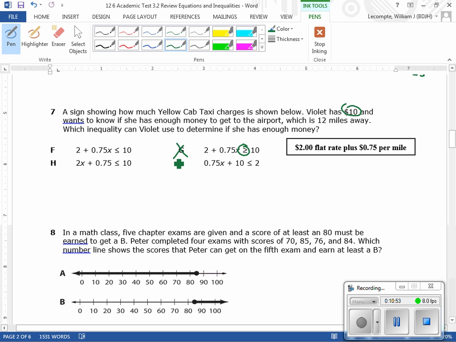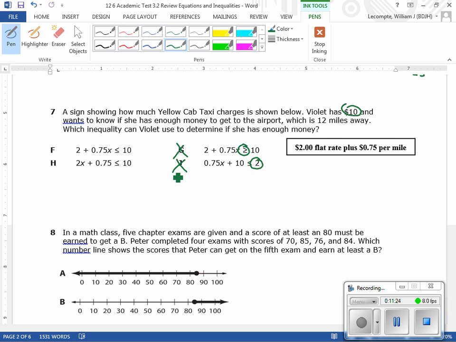Now the rest of them have less than, less than, less than, and equal to. So there are possibilities. We just got to figure out which one of the variables is attached to. J says that I'm less than or equal to $2, so that's not going to work. All right, so now I just have, I'm charging 75 cents per mile, and I have $10.